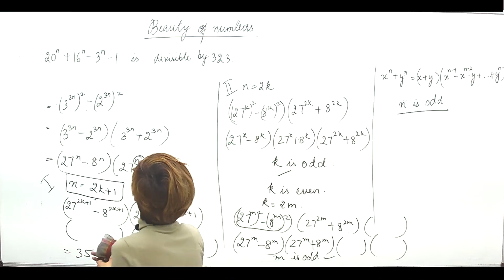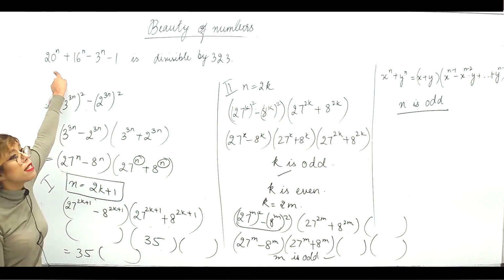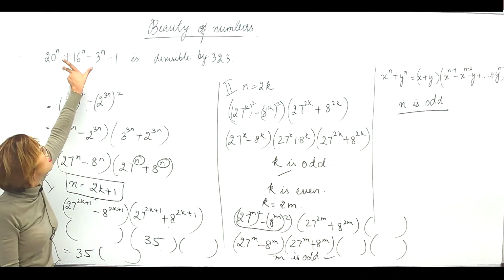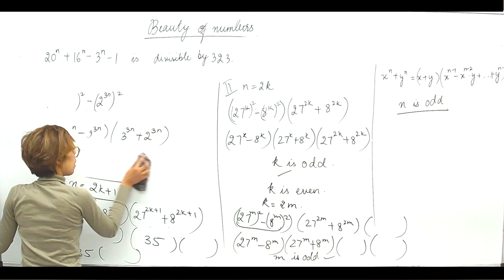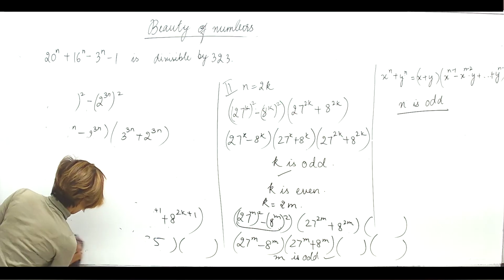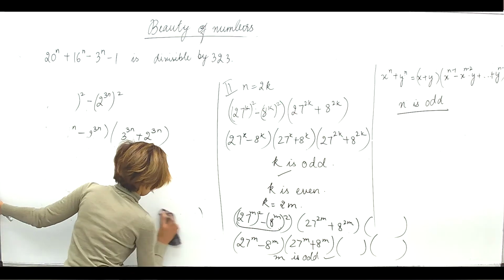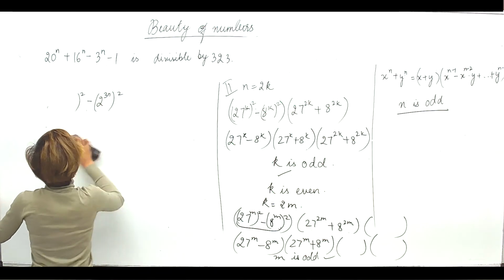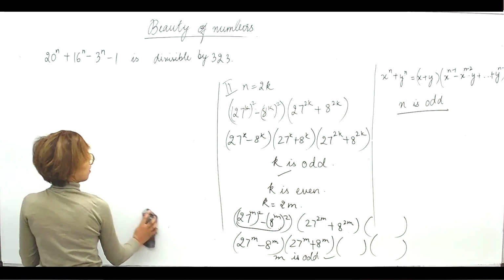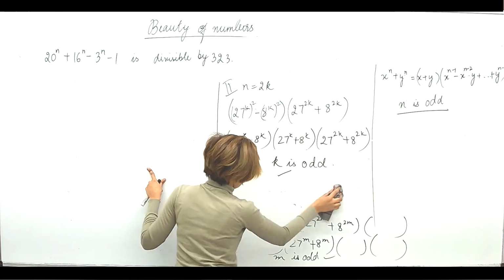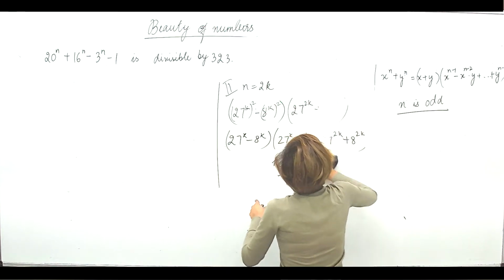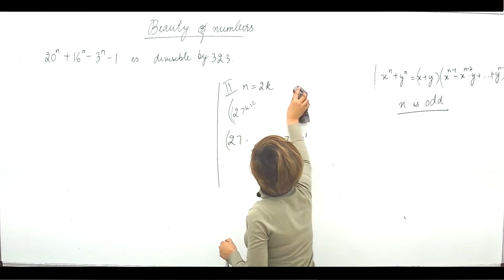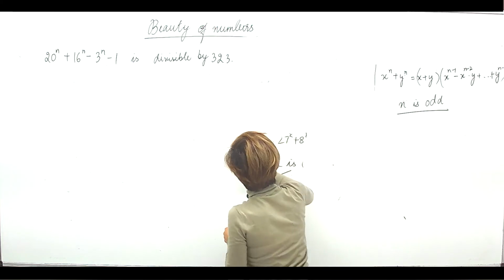Come on. Write all positive integers n such that this is divisible by 323. Come on, hurry up.